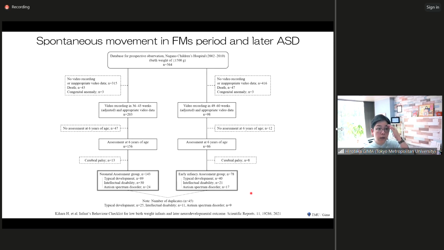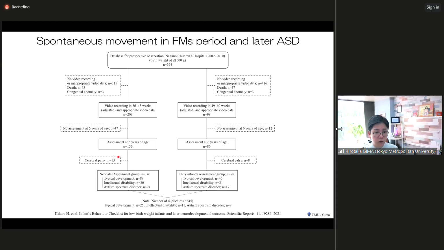In addition, this slide also shows our study. In this study, we introduced the infant behavior checklist, IBC, and examined the relationship between the behavioral characteristics of low birth weight infants and neurodevelopmental outcomes at 6 years of age. The behavioral characteristics during the neonatal period and early infancy period were assessed in very low birth weight infants.